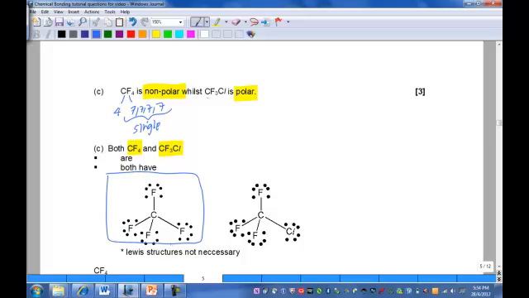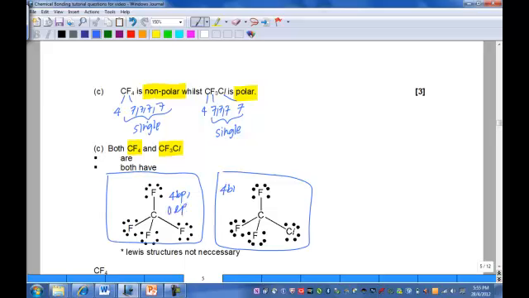And for CF3Cl, C is 4, F is 7, 7, 7, chlorine is also 7. So all of these will form single bonds with carbon, and that is how we got this. Based on this, we know that all of them will have 4 bond pairs, 0 lone pairs. So their shape should be tetrahedral, of course.